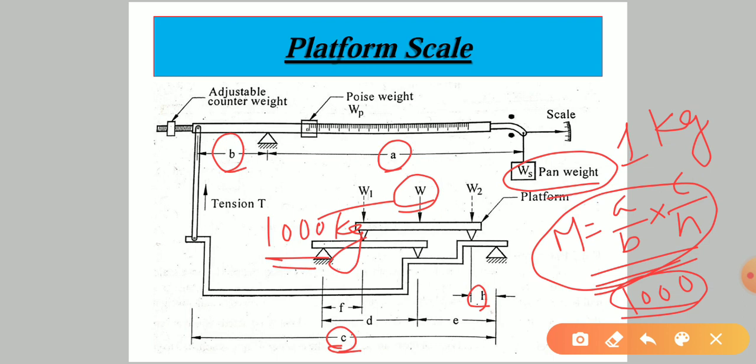We can measure very large weight. Further, the pen weight WS can be reduced by changing the position of the poise weight on a calibrated length in terms of weight. Hence this beam is balanced by a proper combination of pen weight and adjustment of the poise weight along with the calibrated scale A.